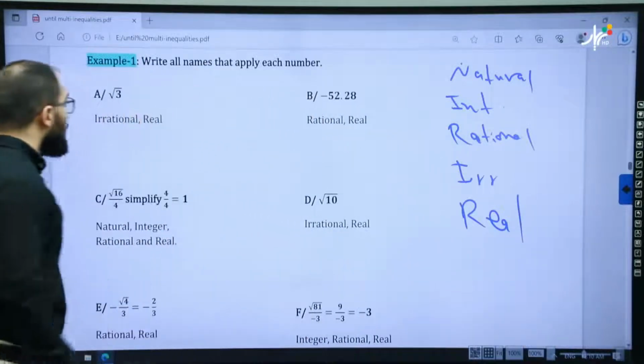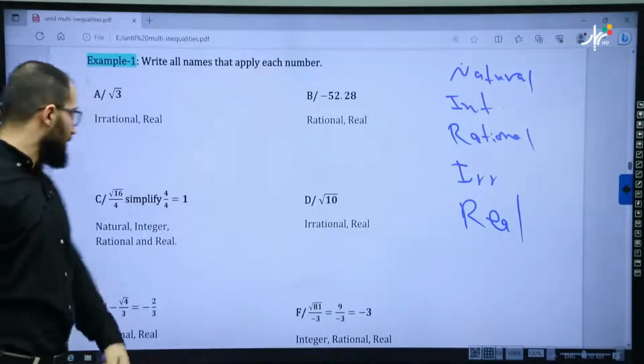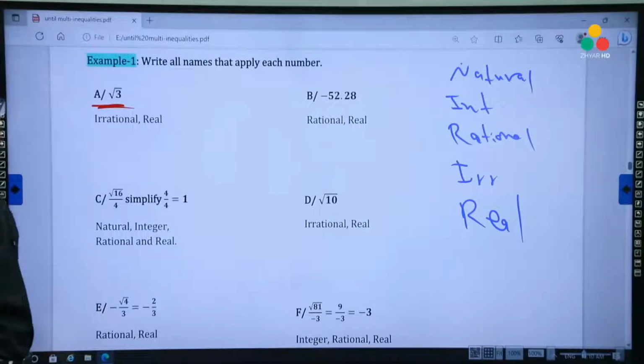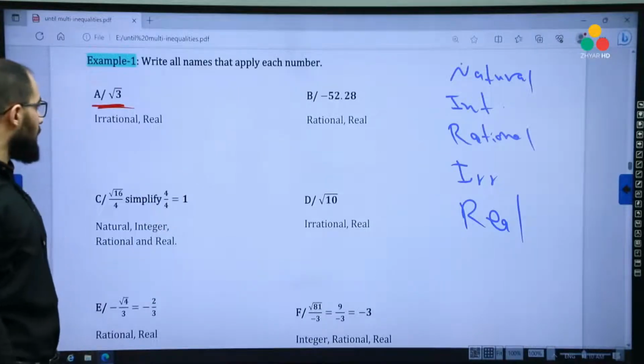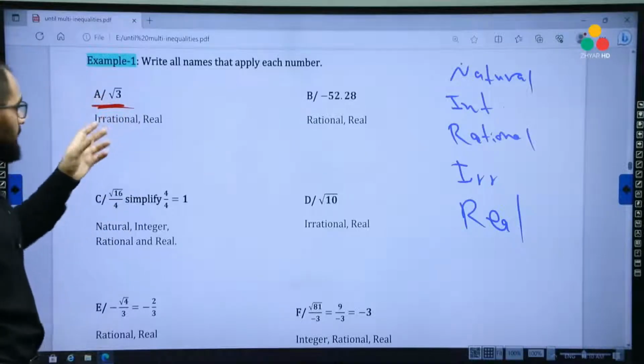Then it says write all the names that apply to each number. The first one, we have the square root of 3. Directly you have to think about the note that I gave to you.